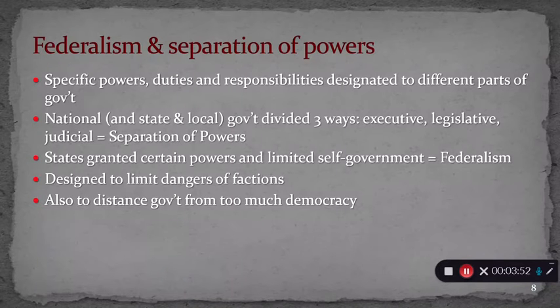And Ohio has a court system, including an Ohio Supreme Court, right? At the local level, you have the mayor, you have city council, you have city courts. So separation of powers happens at all the different levels of government. Those different levels of government constitute what's known as federalism.